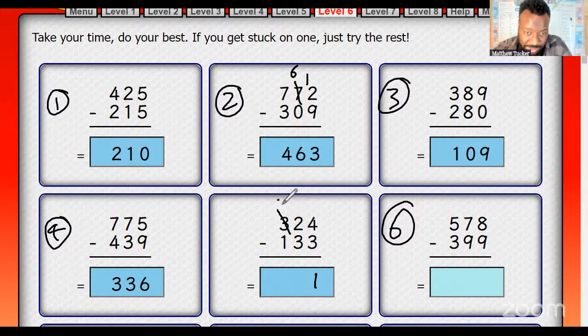So we leave that as a 12. And this is going to be 9 left over because if we split 3 into 2 and 1, 2 takes away from the 2, making 0, and then 1 takes away from the 10, making 9. So we know that's going to be 9. 1 take away from 2 is 1. 191. Let's type it in. 191.